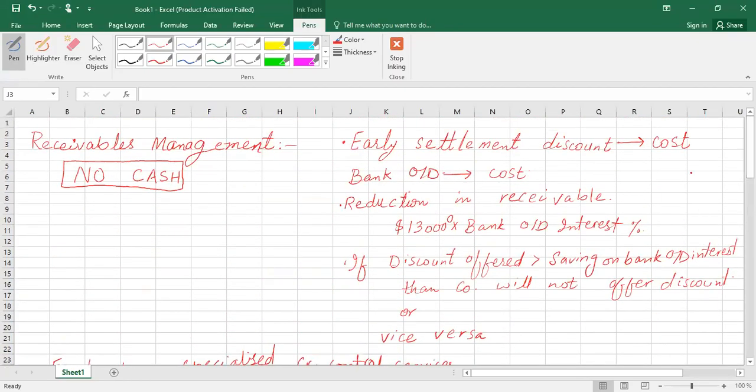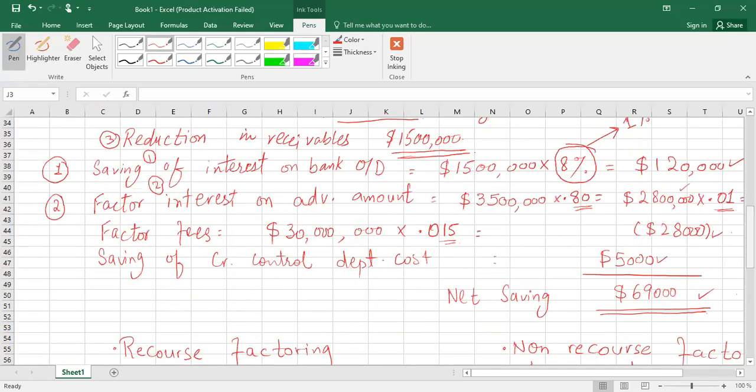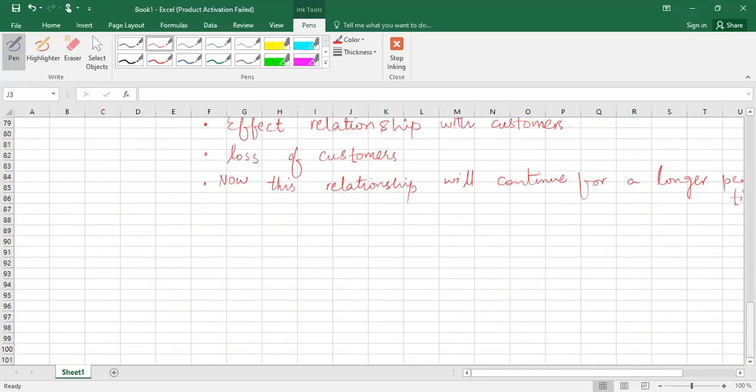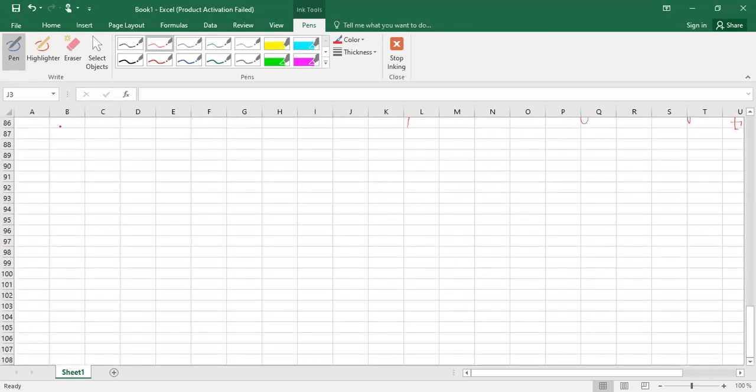Now, apart from the first one, early settlement discount, the second one is factoring. The third very important type is called invoice discounting. What is this invoice discounting?